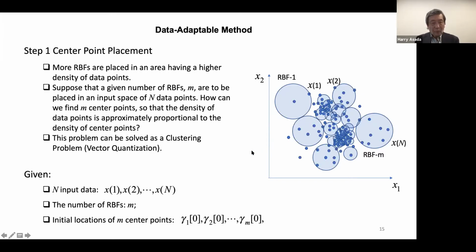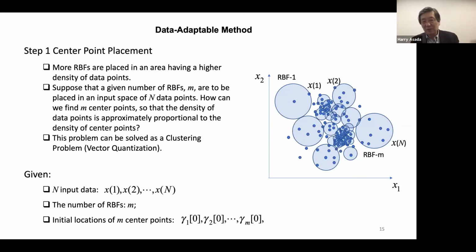So, given our N input data points, x1 to x capital N, you specify the number of radial basis functions, M. Say my computational resource is to compute 1,000 radial basis functions, nothing more. Tell me the best way to place my 1,000 radial basis functions in the input space.